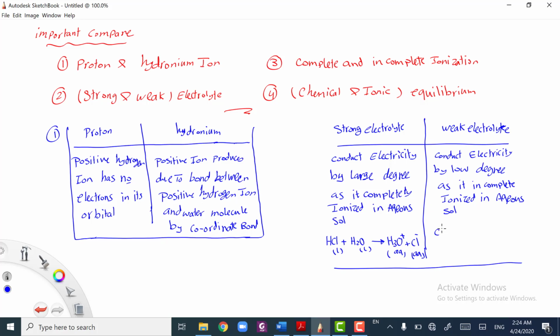An example: CH3COOH, acetic acid, is a liquid. When it is attached to water molecules as a liquid, you will find it is a weak electrolyte. The reaction goes forward and backward, giving us acetate negative aqueous plus hydronium aqueous. Still, to compare between strong and weak electrolyte, chemical and ionic equilibrium, go to slide number 5.